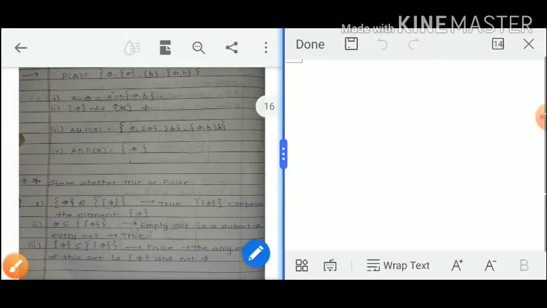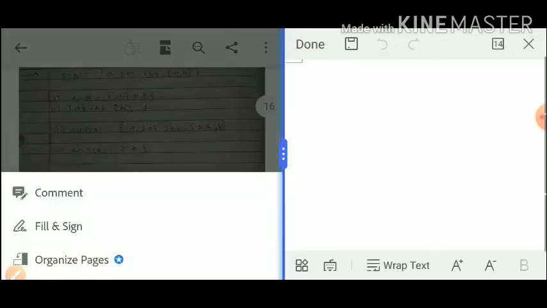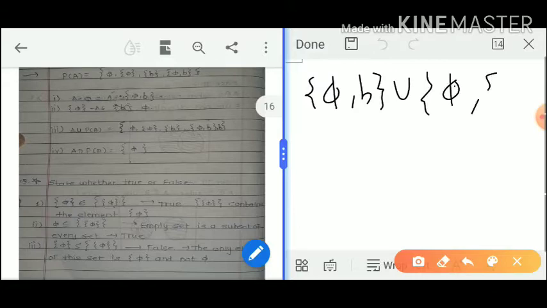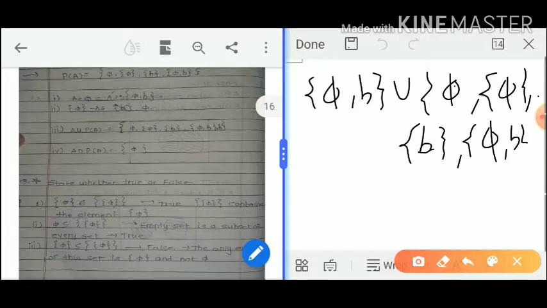So now A union power set of A means A, that is {phi, B}, union {phi, {phi}, {B}, {phi, B}}. Okay, so to find the union means all the elements of set A and the other set, and common elements are considered one time. So the result contains phi, which belongs to both sets, so consider it one time.